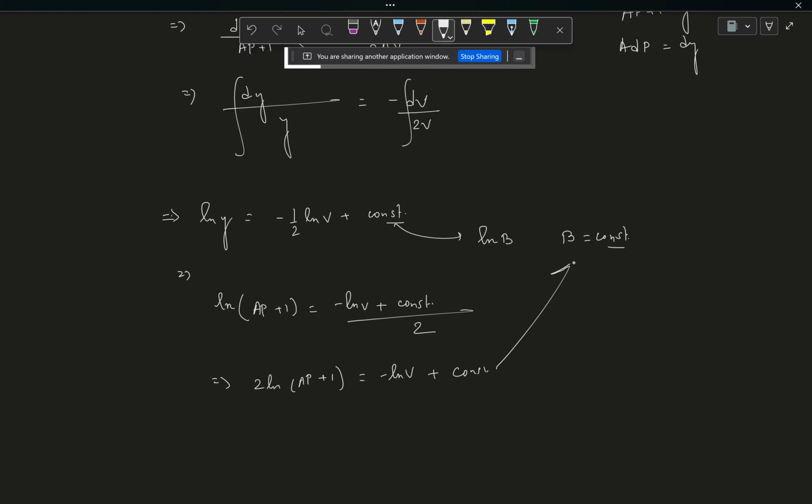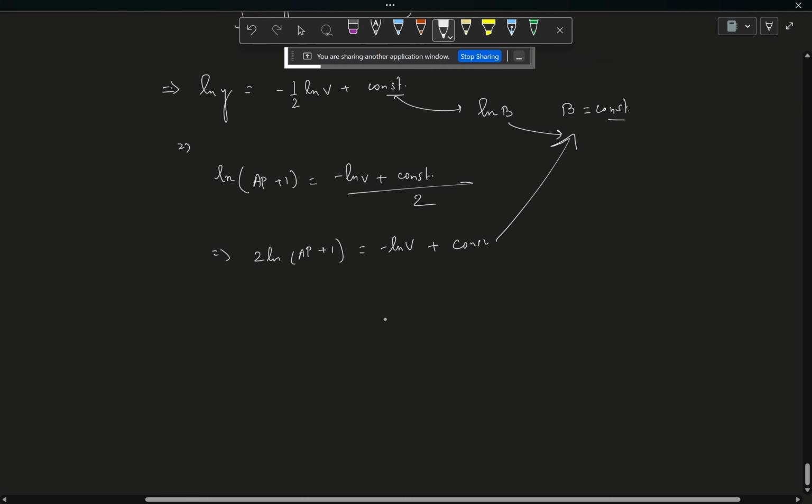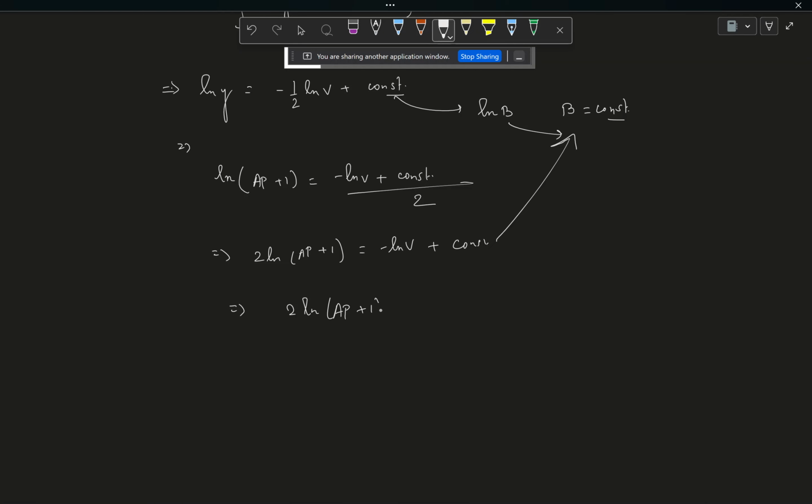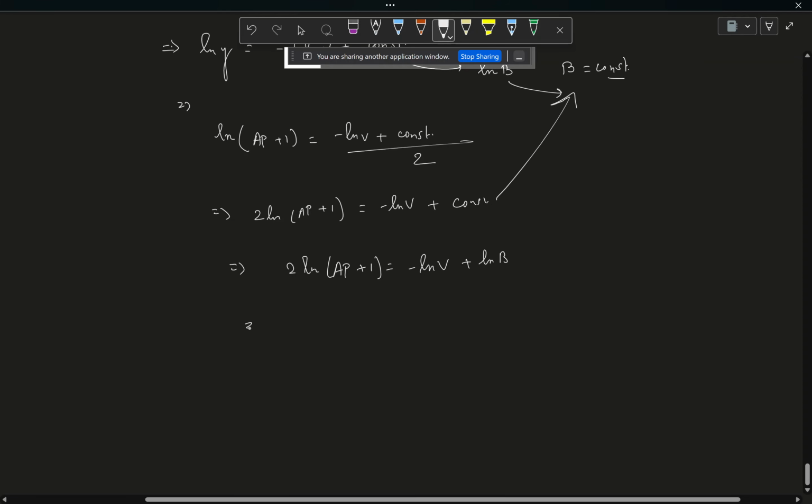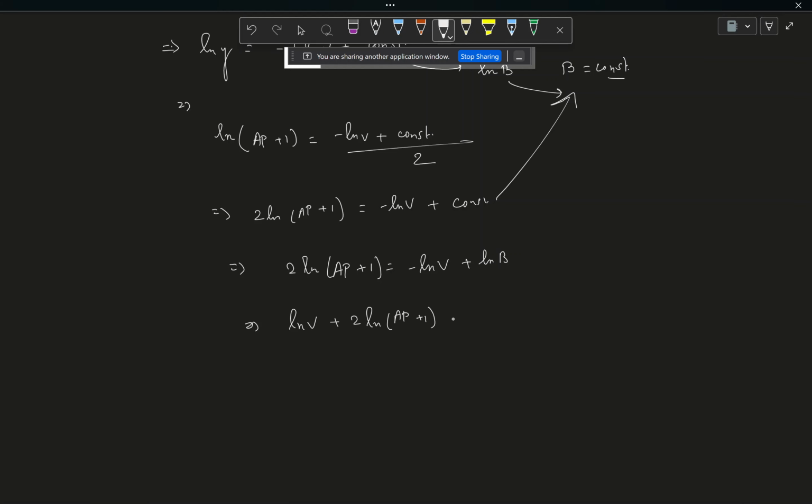Now this constant we call ln B, so that this whole term can have a compact form. So this is 2 ln (A p plus 1) equal to minus ln v plus ln B. So you are getting ln v plus 2 ln (A p plus 1) equal to ln B.